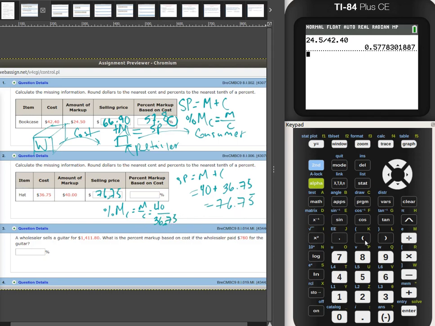And let's actually calculate this one. It goes 40 over 36.75 is 1 point, so on and so forth. But recognize this is more than 100%. We move the decimal place 2 places to the right. It will go 108.8%.